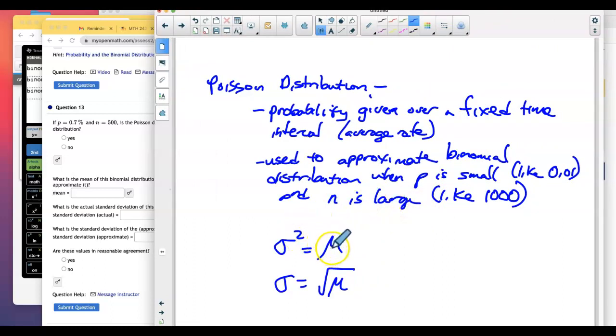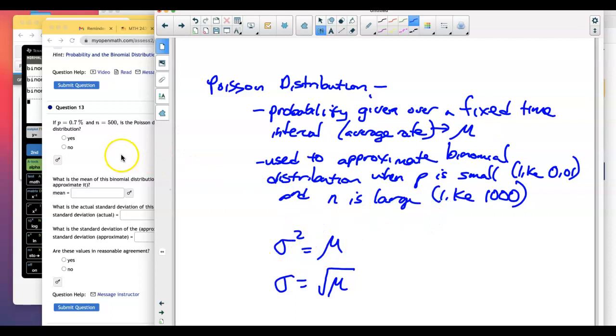The mean of the Poisson distribution is given right here. That is the variance. In this problem, we take the square root of that to get the standard deviation. So this average rate here is going to be mu. They're going to tell you what that is. That's going to be given.